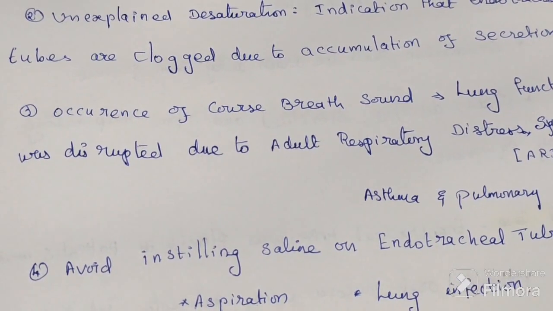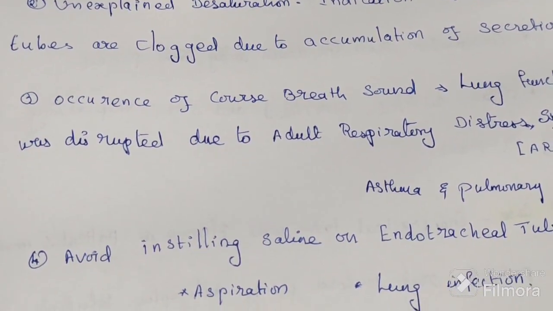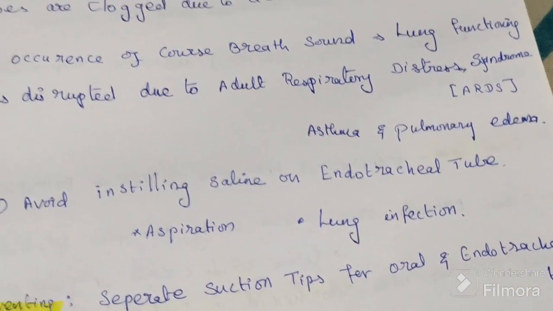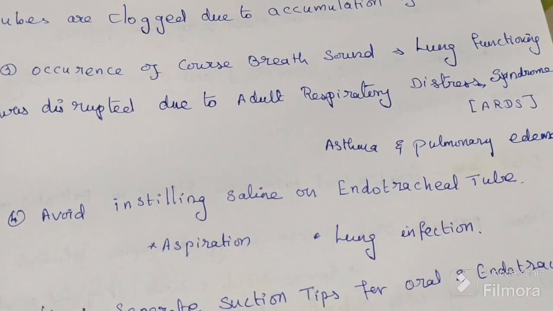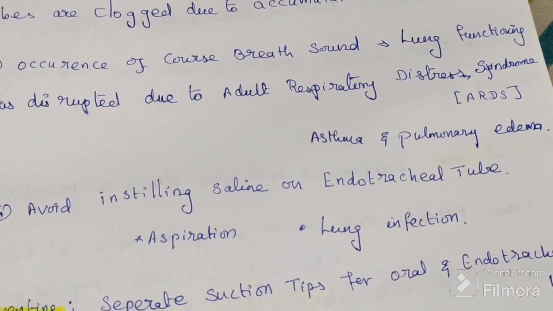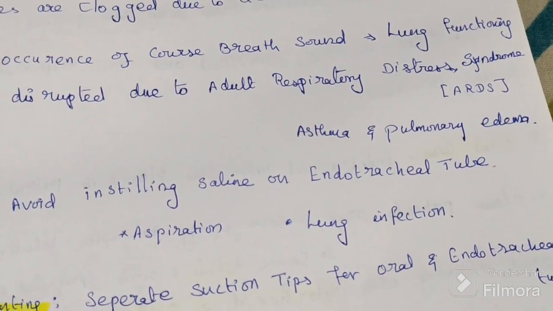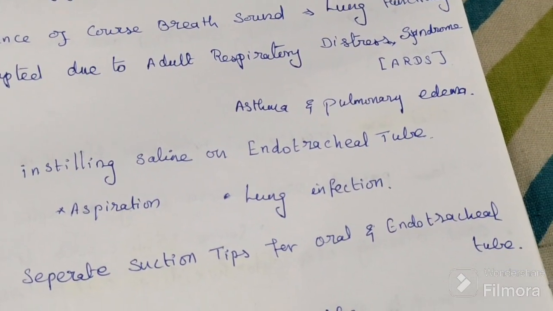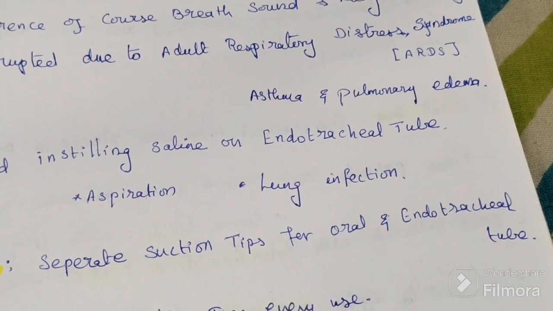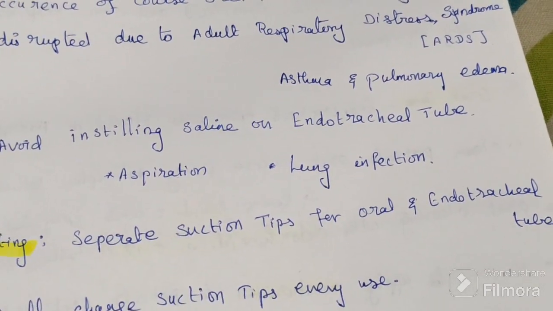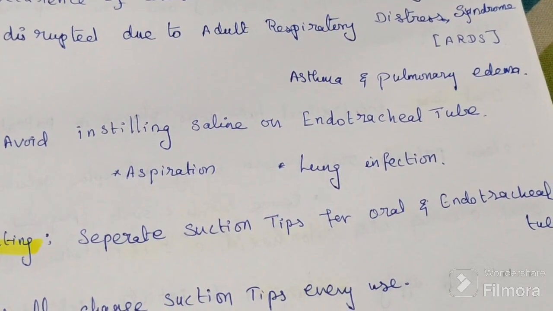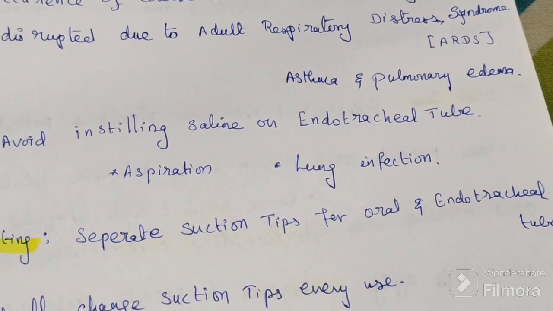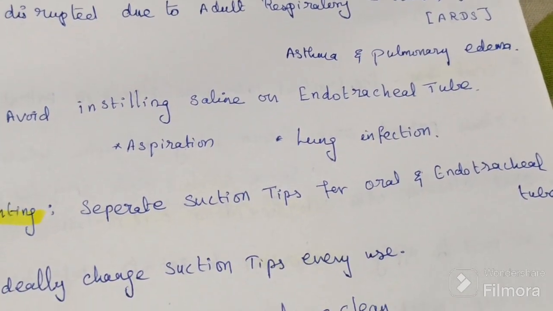The next thing that we need to ensure is that instilling saline directly into the endotracheal tube is not recommended. Injecting saline into the endotracheal tube was considered a practice performed before, with the idea that it will help loosen secretion.